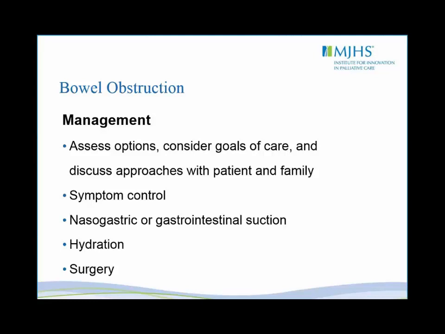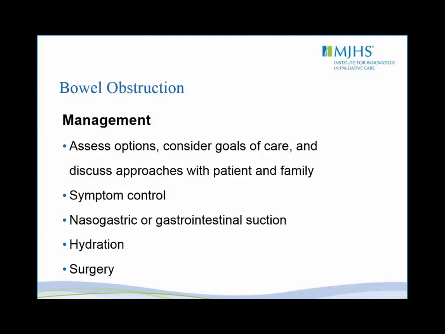So yes, bowel obstruction can be extremely disappointing because we have a sense that we should be able to do something, including some surgery at one point in time to take the tumor away and allow us to eat. So for management, there are multiple options, and the most important thing in bowel obstruction is to understand what the goal is. Is it also where we are at in the curve of the illness trajectory?